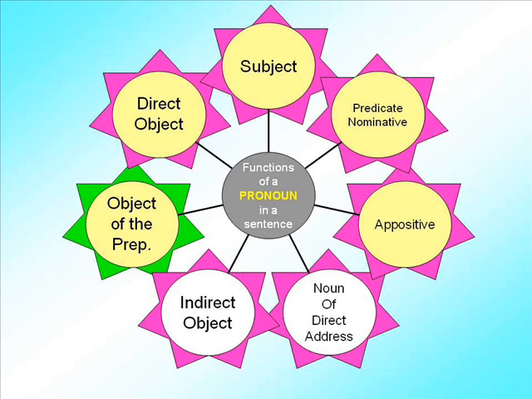And all of those things that a noun could do, a pronoun could do. Well, I guess there is one exception. A pronoun can't be a noun of direct address. That has to be a noun. But all these other things can be pronouns, since pronouns simply take the place of a noun.